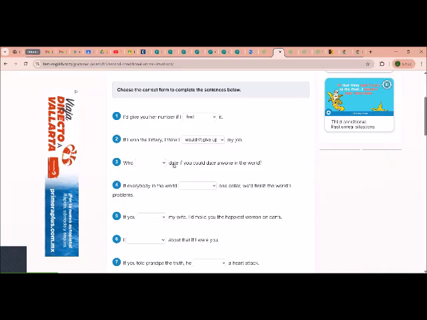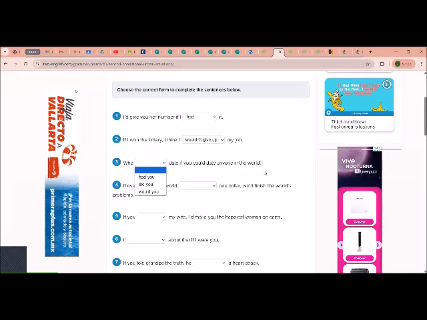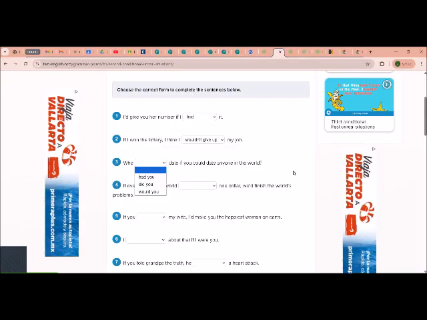Ian, number 3. Who will you date if you could date anyone in the world? Exactly. Your result clause with would and your main verb, and your if clause with the past simple.